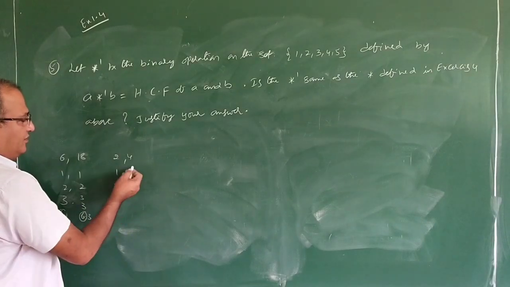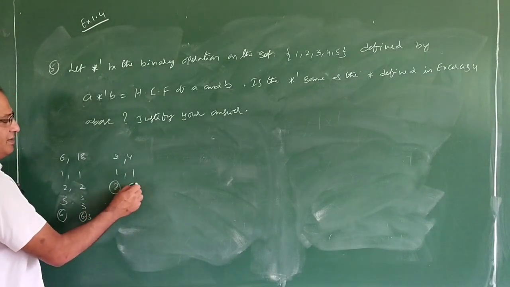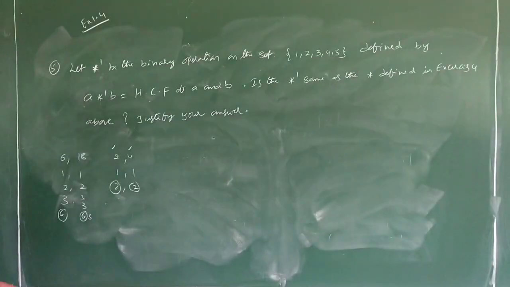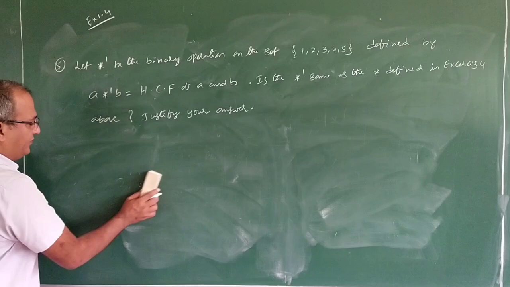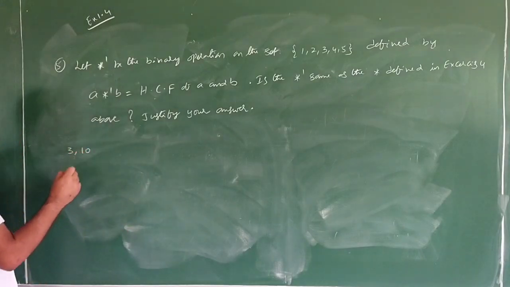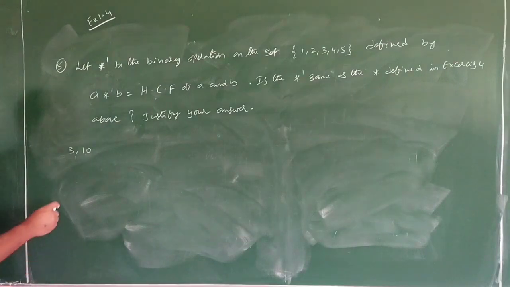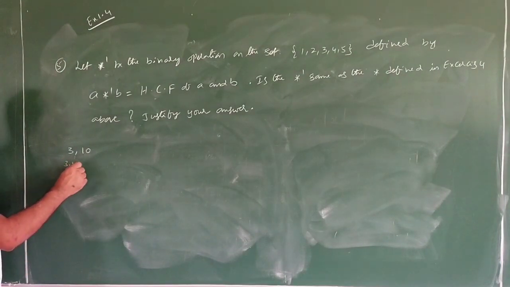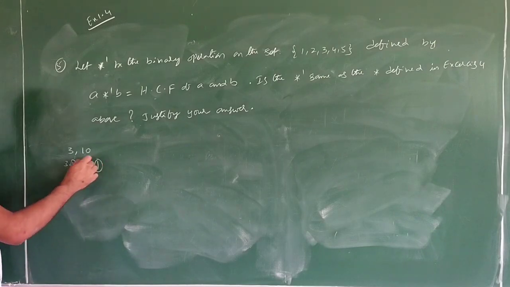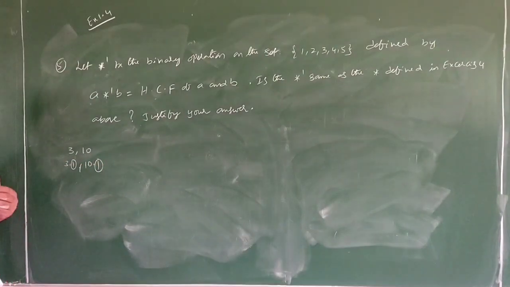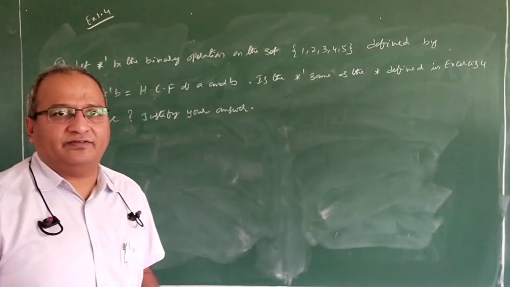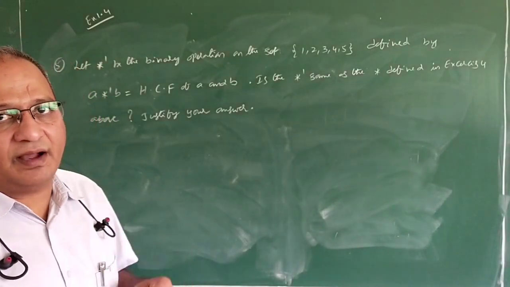Thereafter we cannot get more. So the highest common factor for these two is 2. For 3, 10, for example, 3 times 1, 10 times 1, the highest common factor is 1. So highest common factor means the common factor with the highest value.